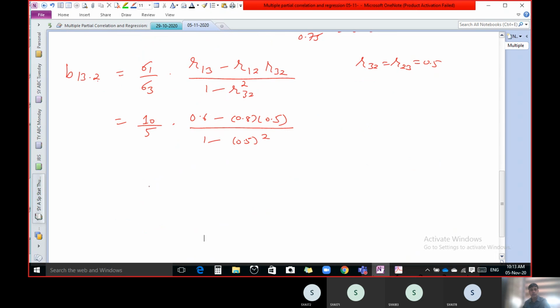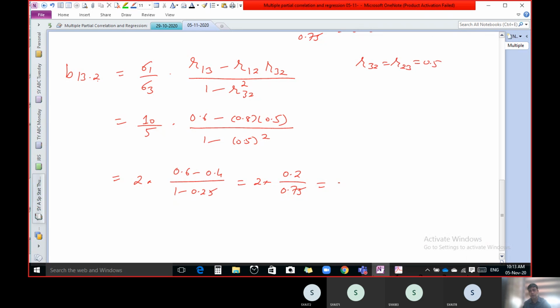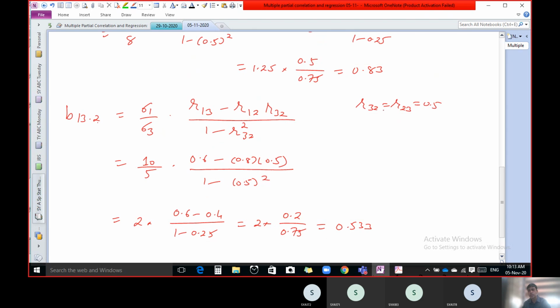Calculate this: it is 2 into 0.6 minus 0.4, and 1 minus 0.25. So it is 2 into 0.2 divided by 0.75. Do the calculation. We get 0.533. It is better to write 3 digits instead of 2 digits. Here also you can write 0.833.